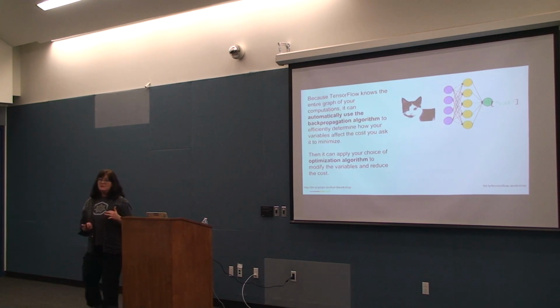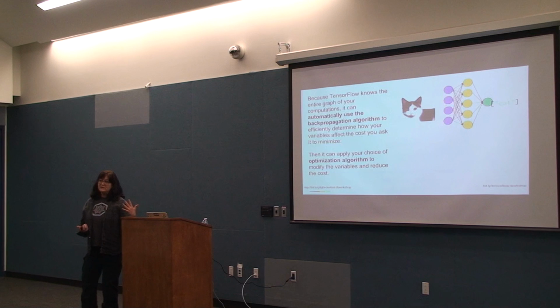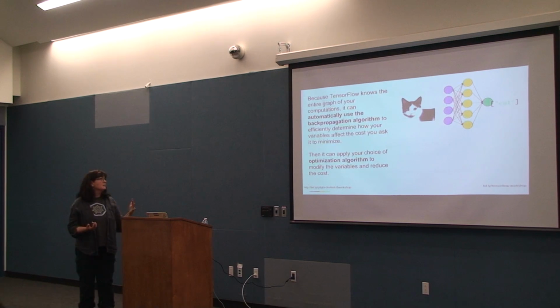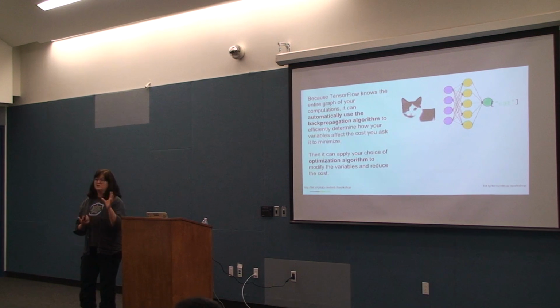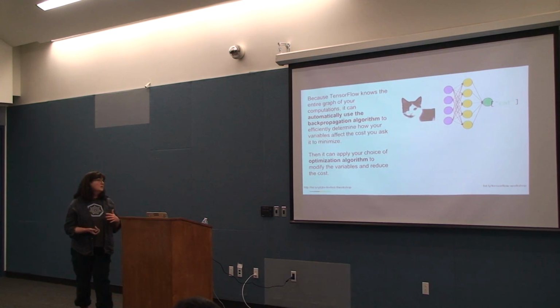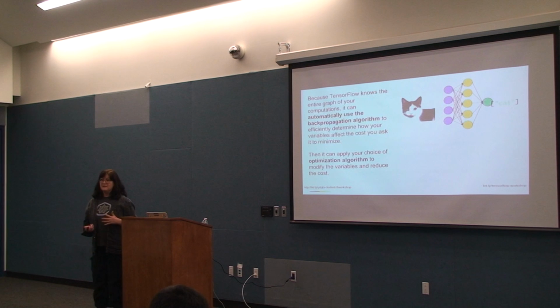Because it knows the entire graph of your computation as you have defined it for it, it can automatically use backpropagation and compute the gradients to figure out how to adjust your variables in the direction that they should be adjusted, given the so-called cost function or loss function that you have defined. So this is something that makes TensorFlow really nice and easy.